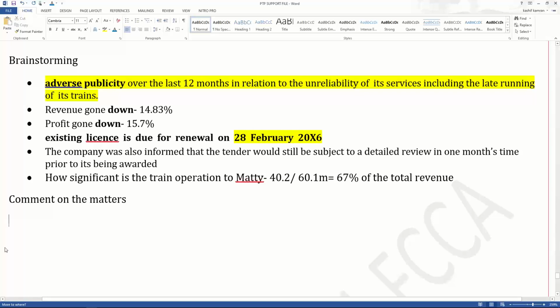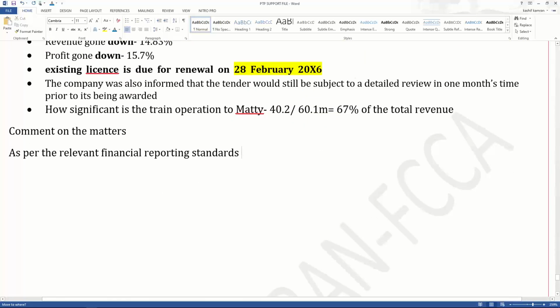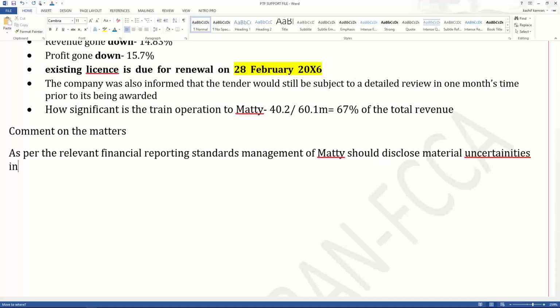So the first comment on the matter we will tell is that as per the relevant financial reporting standards, management of METI should disclose material uncertainties in relation to going concern of the train operations in the notes to the financial statement.